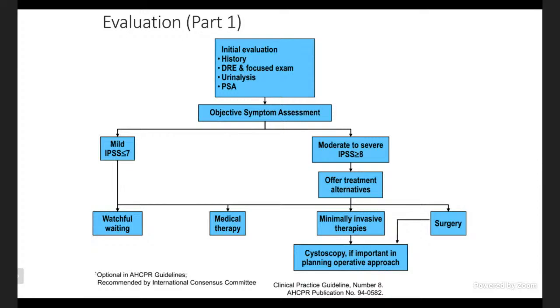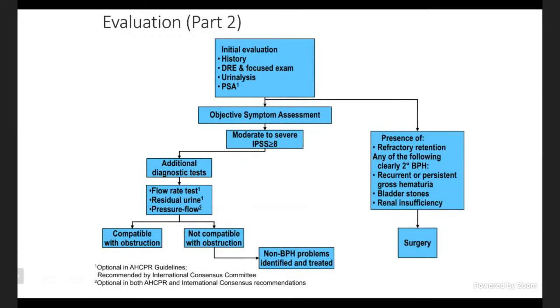Patients with moderate symptoms can be offered treatment like watchful waiting, medical therapy, as well as surgery if they are not responding to medical therapy. For moderate to severe symptoms, we have to do additional testing like flow rate testing and residual urine measurement, and a urodynamic study can also be done in cases where any neurological issue has to be sorted out.